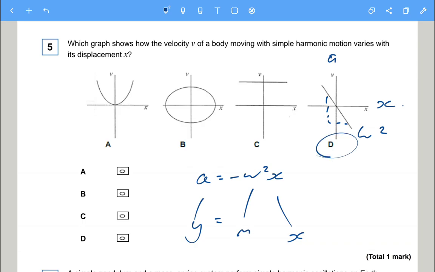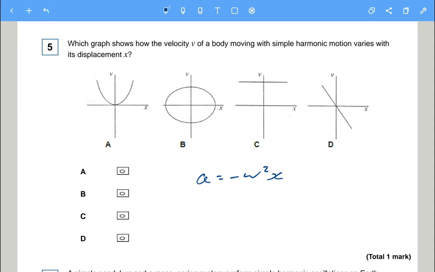I've had students just circle this one because they've seen it before, but that is not the case in this one. So what I advise you to do is just to learn which one this is. It's definitely not C. It's not a constant speed. It's not A because they're only positive values of velocity, and the velocity is changing direction completely from the equilibrium position.